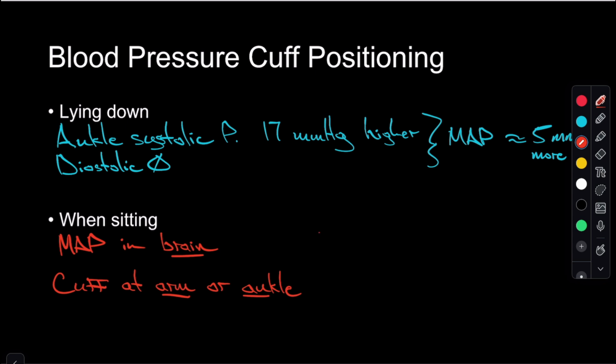Now, this idea is debated because of autoregulation, but classically, there's a mnemonic that says pH equals 7.4 10. So for every 10 centimeters that you go up in height, you have a change of 7.4 millimeters of mercury.